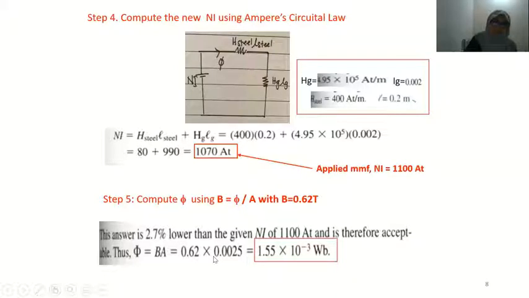The area of the core is 0.025. The multiplication of the two gives you the flux, which is equal to 1.55 times 10 power of minus 3 Weber.